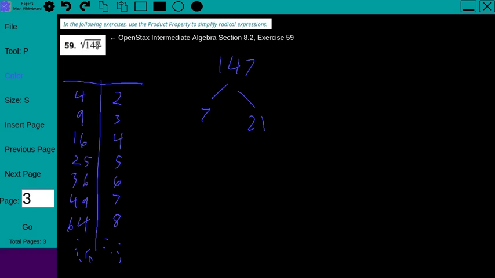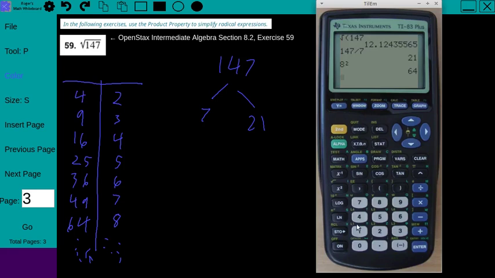Basically, we're going to take 147, and we're going to start dividing it, not by 2 or 11 or 3 or something, but by values that are on this list here. Not this list, this list. So 147 divided by, does it divide by 4? It doesn't divide by 4 evenly because we got decimals. So let's keep trying.